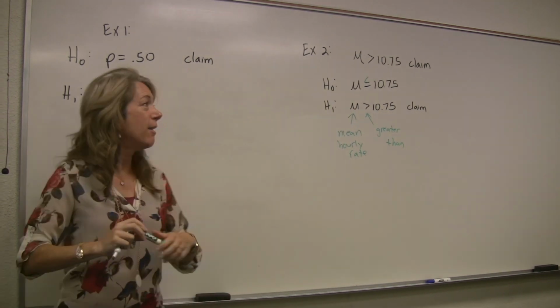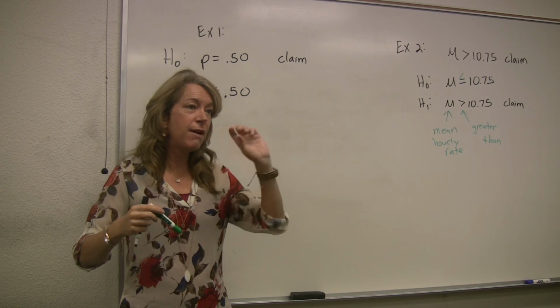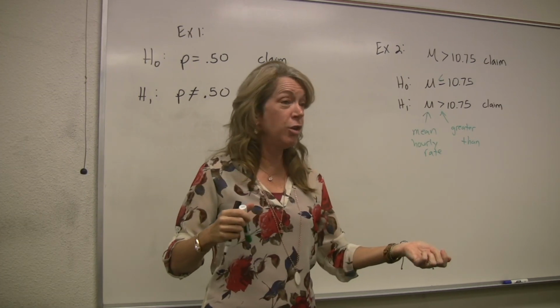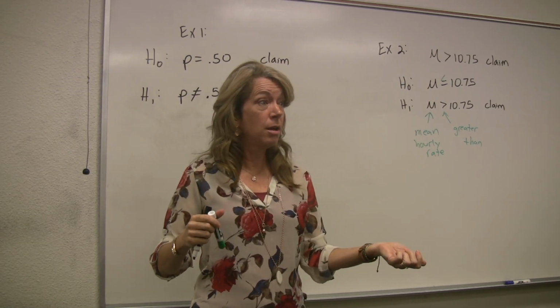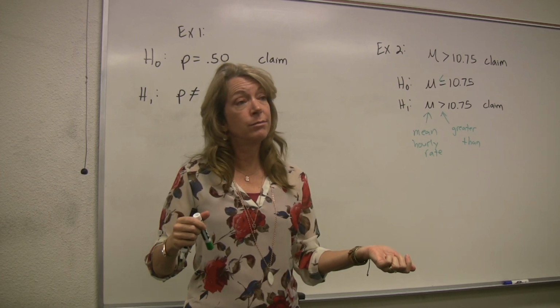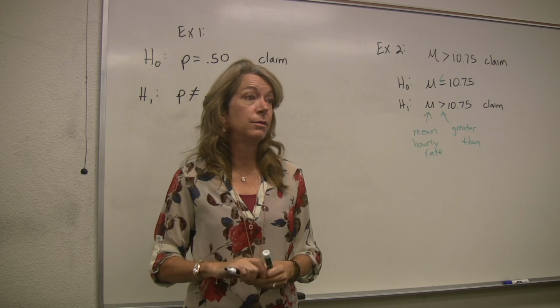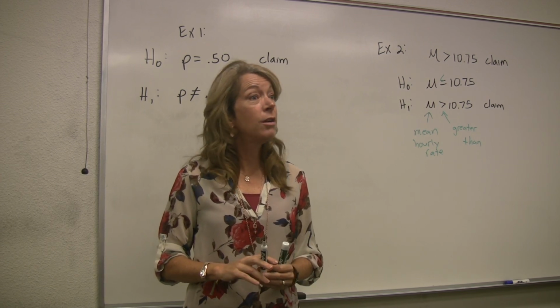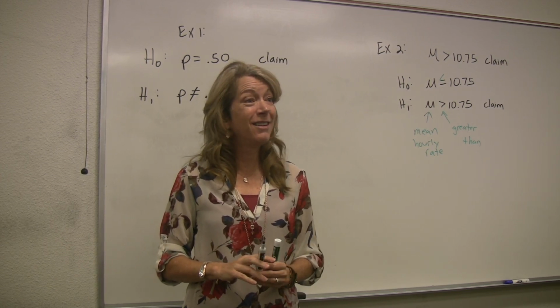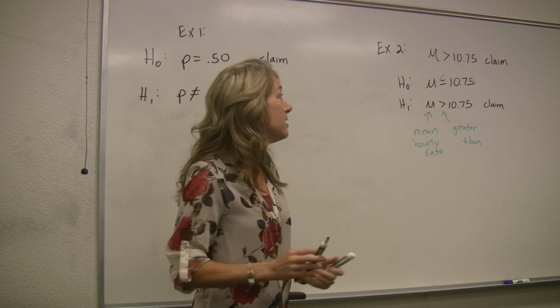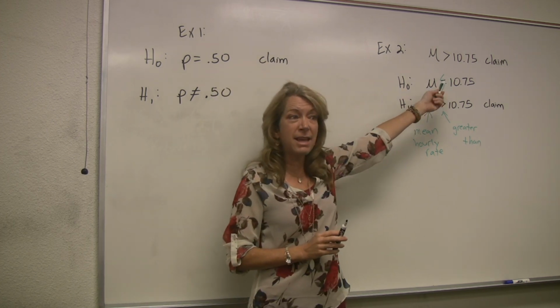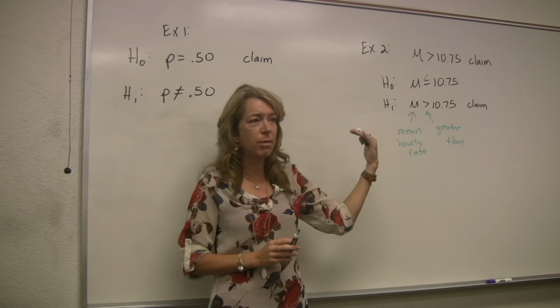I'll explain it anyhow. So H0 is the opposite. If I say it's greater than 1075 and you want to prove me wrong, how are you going to prove me wrong? If it's not greater than 1075, it'd have to be less than or equal. So you're saying it's less than or equal to? Yes. Technically, less than or equal to is the complement.